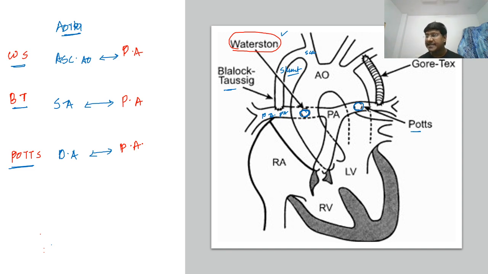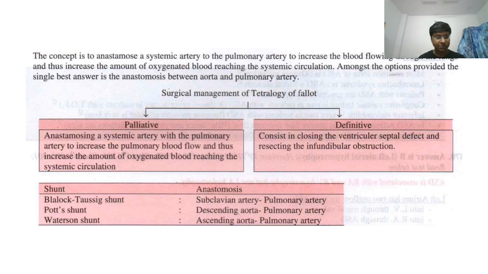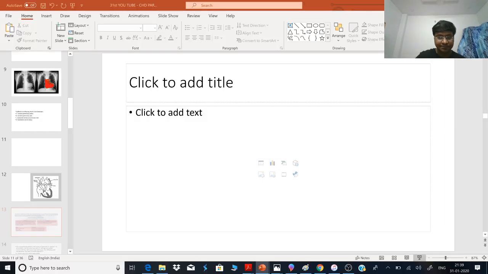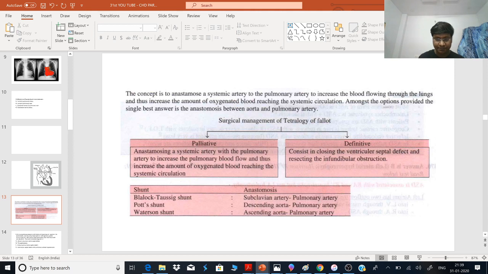Now, what will be the definitive therapy? Whatever I said to you was only the palliative therapy. Now take the definitive therapy.